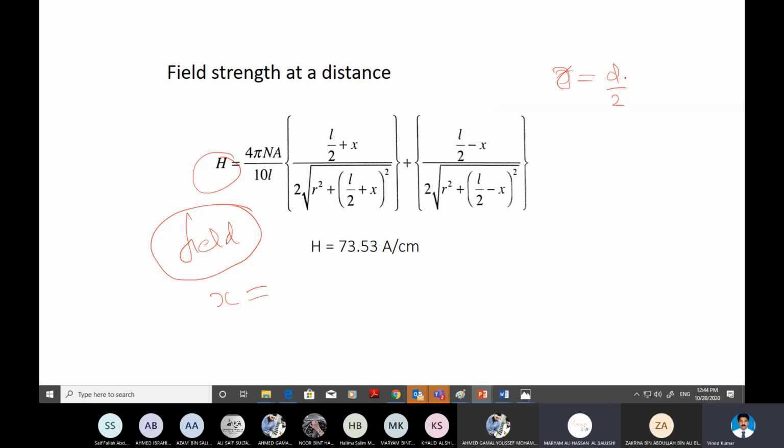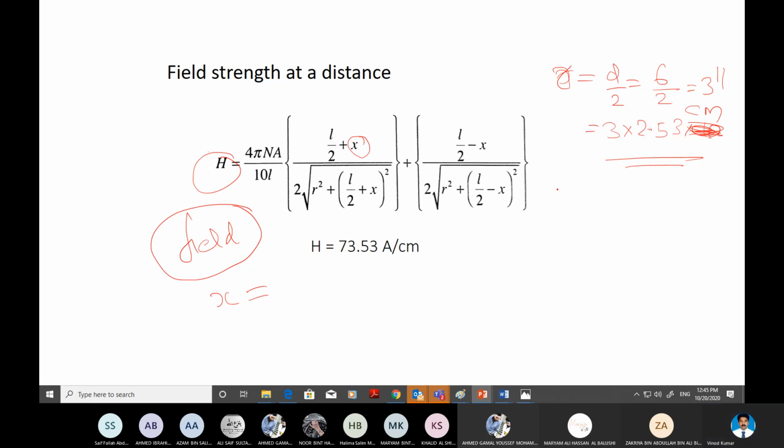Diameter is 6 inch, divided by 2, which is 3 inches. 3 inches means 3 times 2.53 centimeter times 10 millimeter. We don't need millimeter, we need everything in centimeter. Up to this, is that clear? R in centimeter. Now, when we substitute all values here, how much is x?